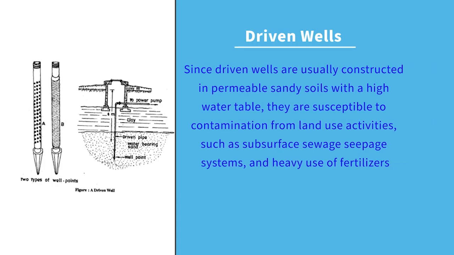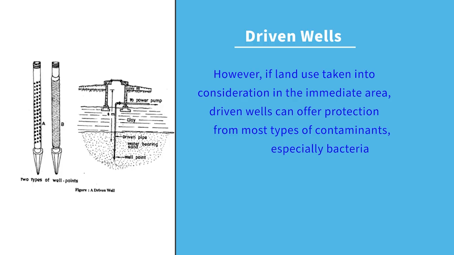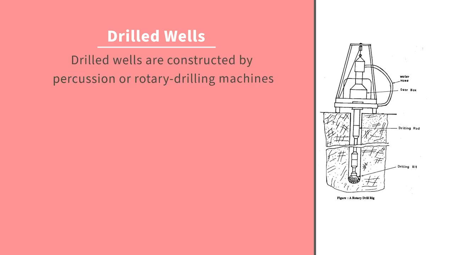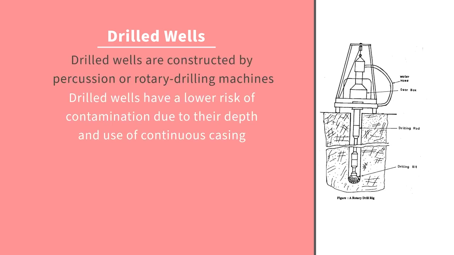Since driven wells are usually constructed in permeable sandy soils with a high water table, they are susceptible to contamination from land use activities such as subsurface seepage systems and heavy use of fertilizers. However, if land use in the immediate area is taken into consideration, driven wells can offer protection from most types of contaminants, especially bacteria. Here is the picture of driven wells, as we have discussed earlier.